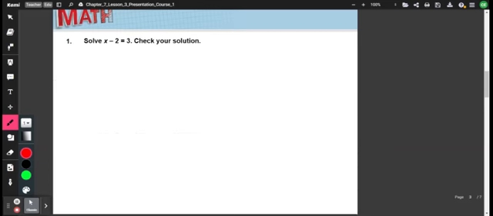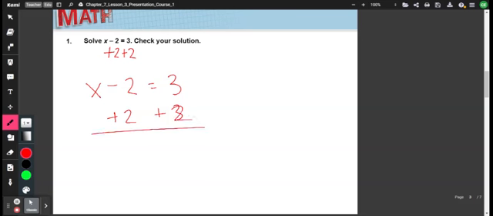So on our example, we have x minus 2 equals 3. What we would do is add 2 to each side. So it'd be x minus 2 plus 2 equals 3 plus 2. 3 plus 2 is going to give us 5, which equals x.